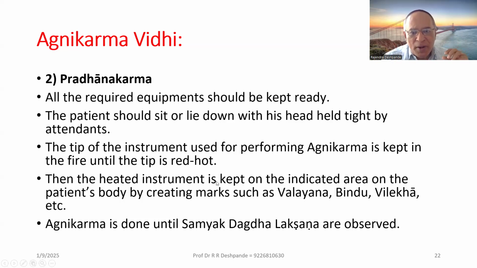Then the heated instrument is kept on the indicated area of the patient's body, creating a mark. Just now we have seen the different shapes such as Valaya, Bindu, Vilekha, etc. Agni Karma is done till the Samyak Dagdha Lakshanas are observed. The proper symptoms and signs we can see on the patient, and then we can stop the Agni Karma.